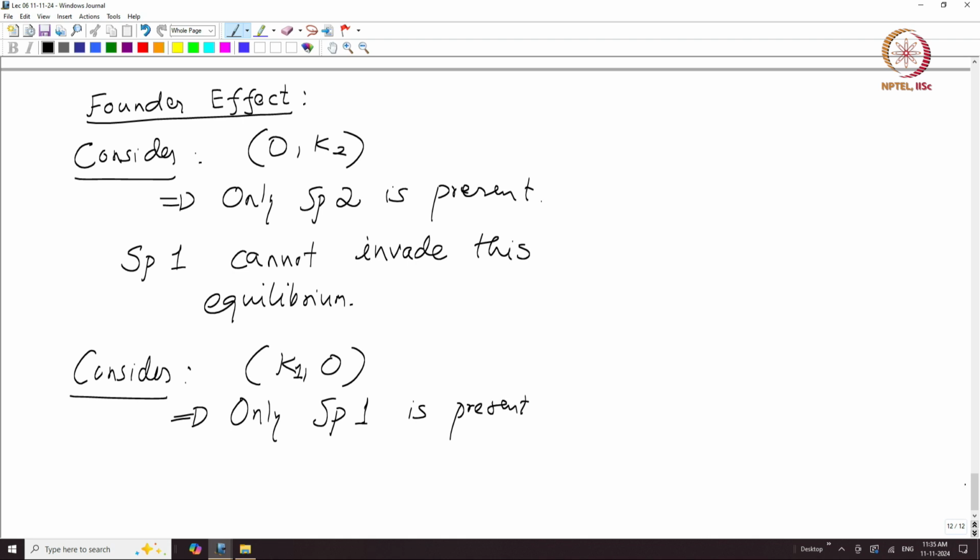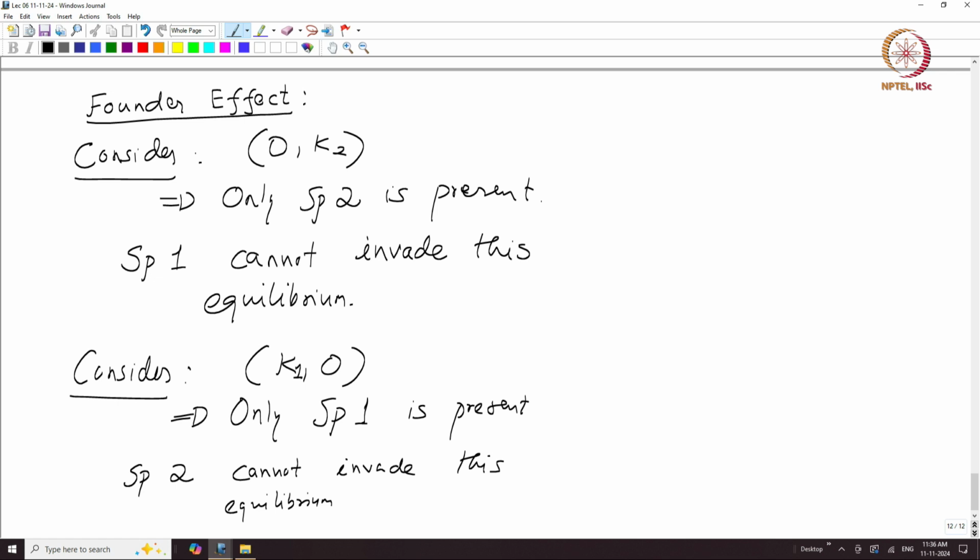Now, let us introduce a small number of species 2, and we find that species 2 cannot invade this equilibrium. Okay. Now, when both of these conditions are simultaneously present, it is entirely possible. I will leave this as an exercise for the students of this course to work this out.